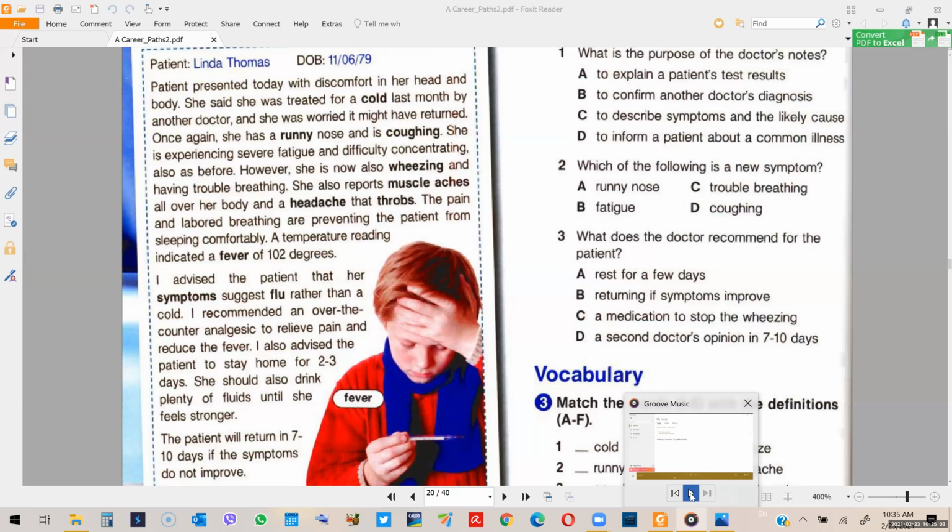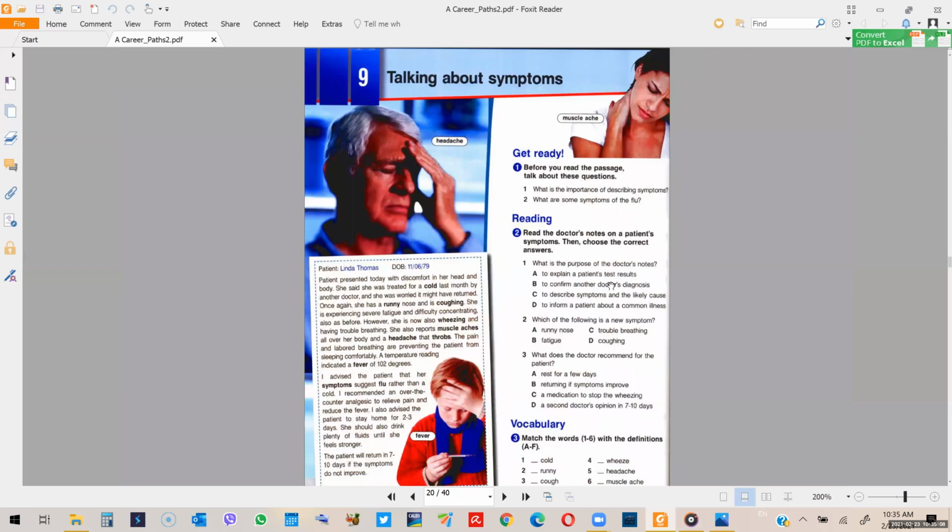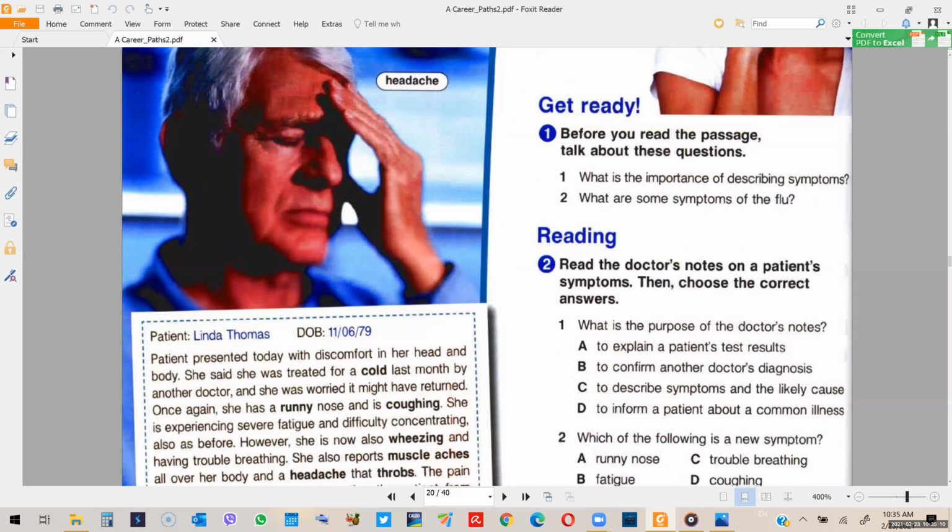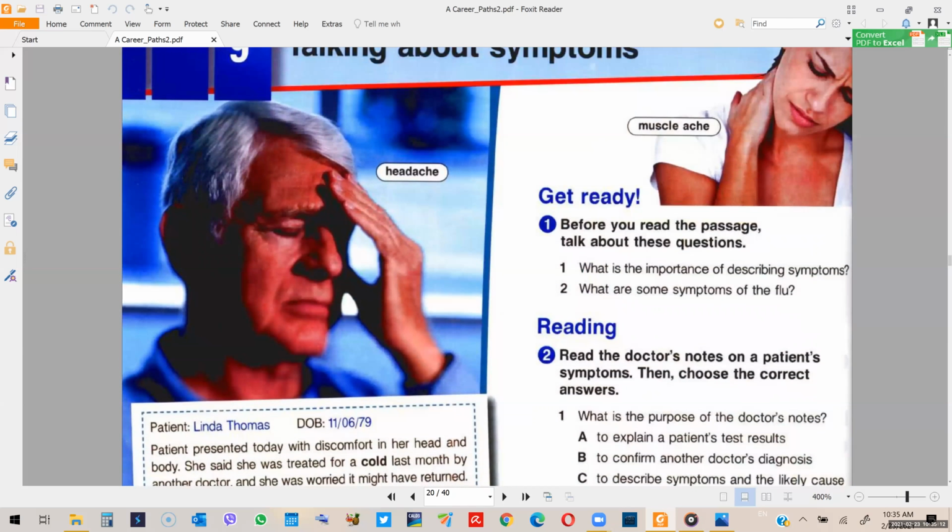Okay, now we are going to answer the questions. If I ask a question, what is the importance of describing symptoms? And what are some symptoms of flu? So we have the importance of describing symptoms, of course, that they can help the doctor diagnose the disease.